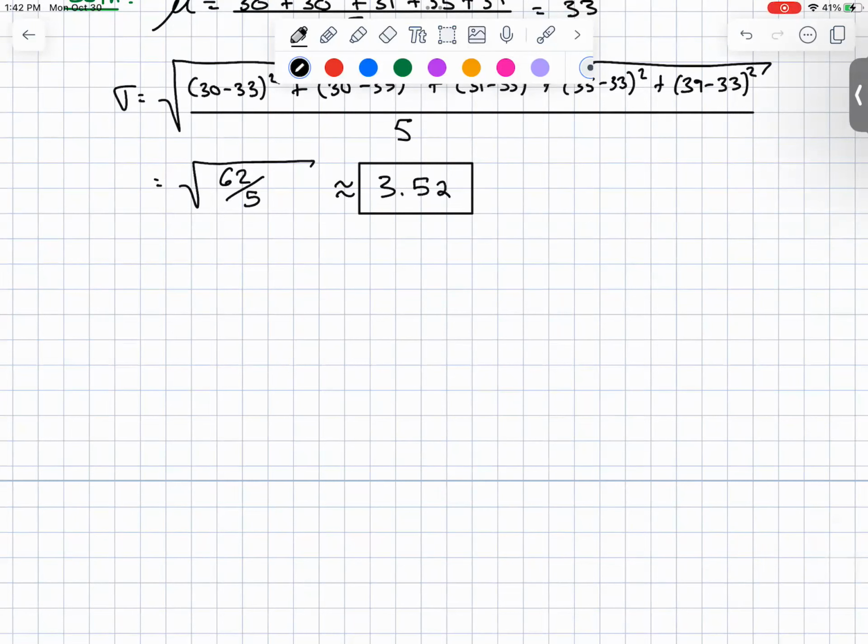Now, what we are interested in, and we won't be able to finish it today, but that's okay, is the normal curve, or normal distribution. I like the terminology distribution more, but some people also call it a normal curve.